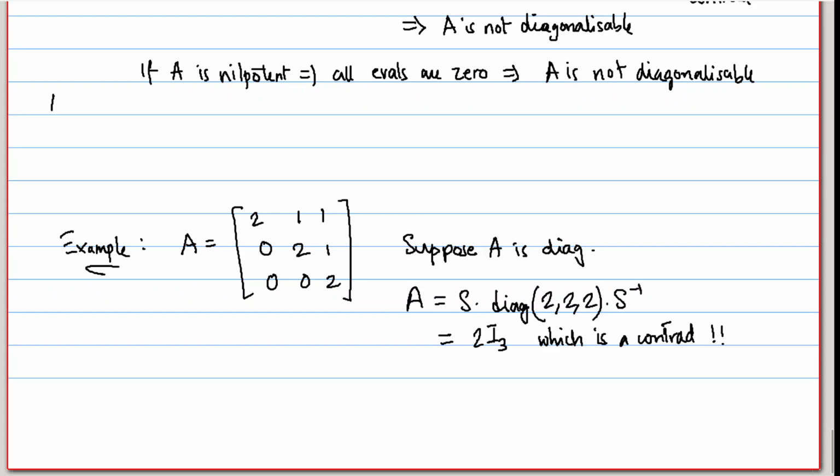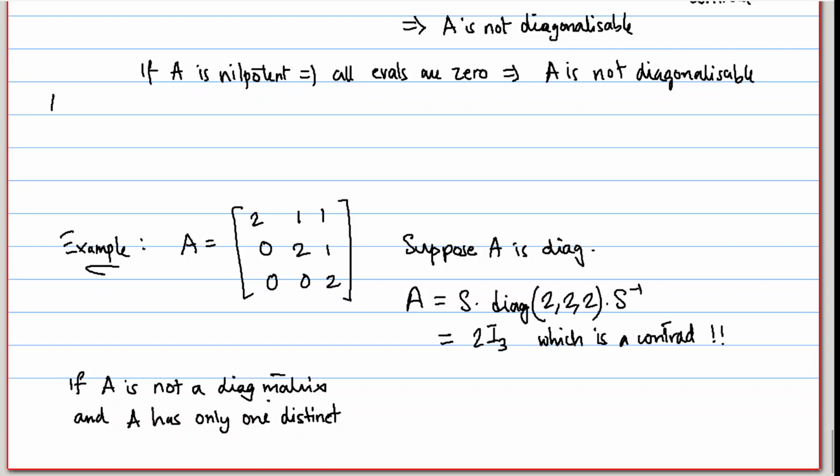Now observe one more thing: if A is not a diagonal matrix and A has only one distinct eigenvalue, then that implies that A is not diagonalizable.